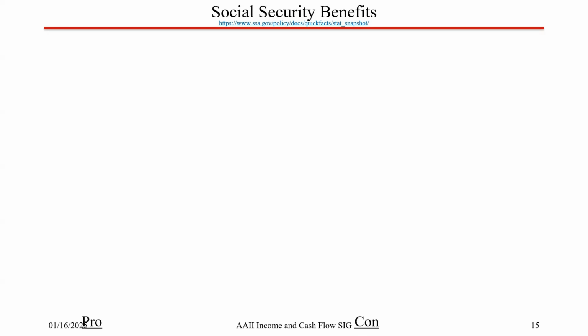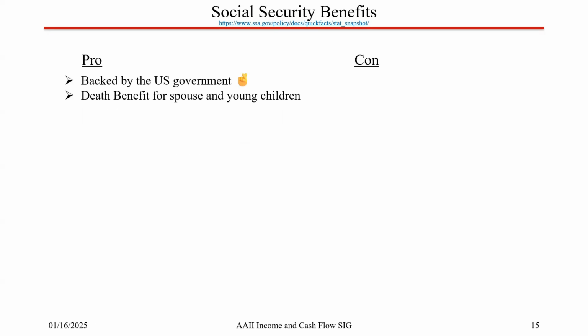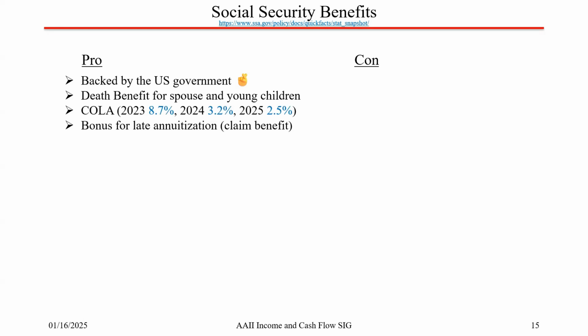So Social Security, pro and con. Pro, well, you got the best backer, and you have a death benefit for the spouse, and you have a COLA. That is the biggest thing. And if you delay your annuitization, which means when you claim the benefit, you get an 8% increase per year, for 4 years.